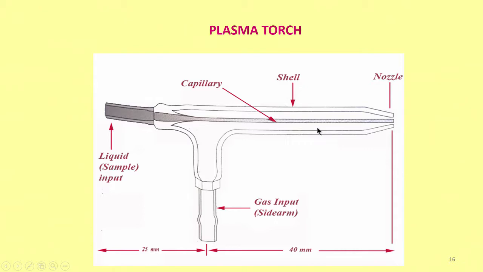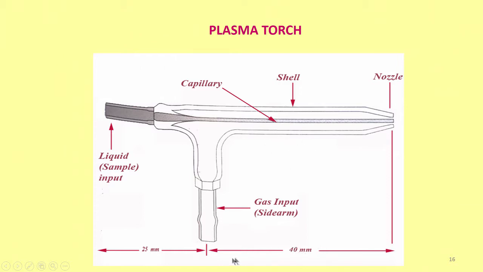Okay. That means, the capillary through which the sample is coming is put in a tube, and that tube has argon gas passing through. So, all of them will open up together near the edge. This is known as the nozzle. Okay. So, this distance has been very much standardized using a lot of research methodologies.